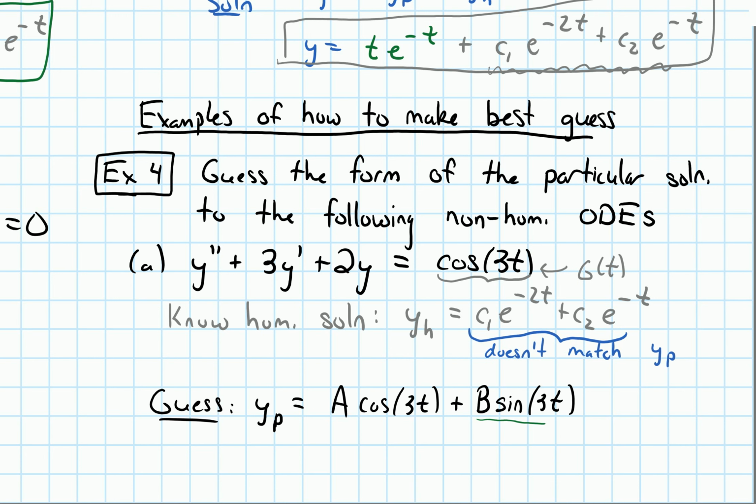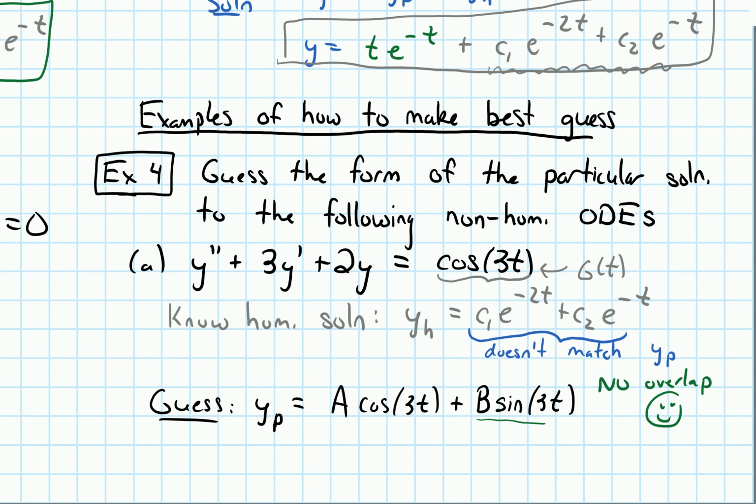What I mean by that, being a little more precise, is that none of the functions in the homogeneous general solution, either e to the negative t or e to the negative 2t, are scalar multiples of the functions that appear in my guess, cosine of 3t and sine of 3t. So in other words, there is no overlap, that keyword we were using before. We're really happy because we don't have to do that t fix.